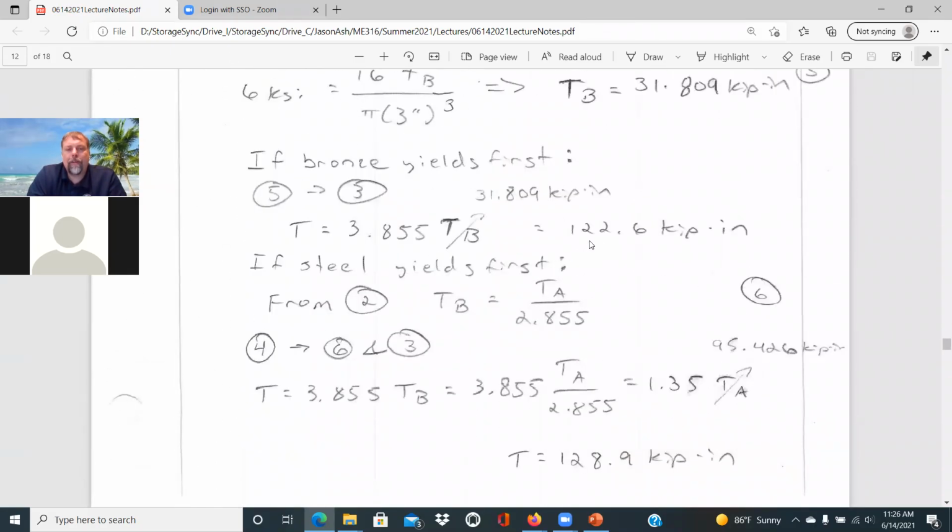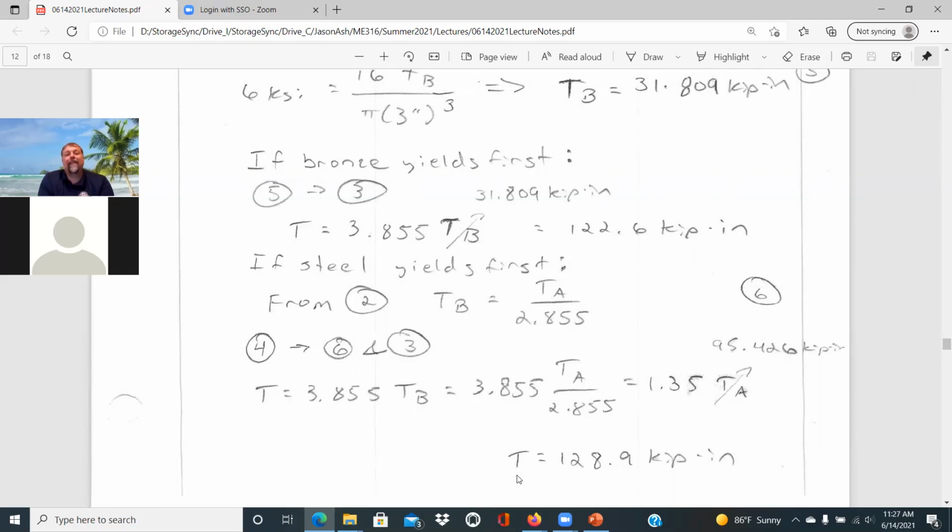We just find that if the bronze yields first, the torque applied would be 122.6 kip inch. And then if the steel yields first, TB is equal to TA over 2.855. And so if we plug that in, TA over 2.855, and put our yield of 95.426 kip inch for TA, we'll find that the torque at which the steel will yield is 128.9 kip inch.